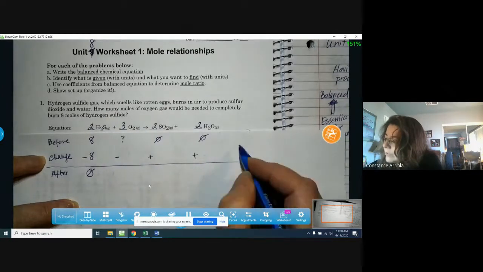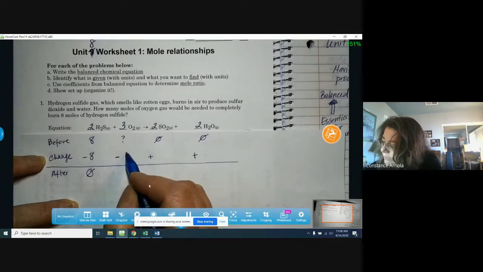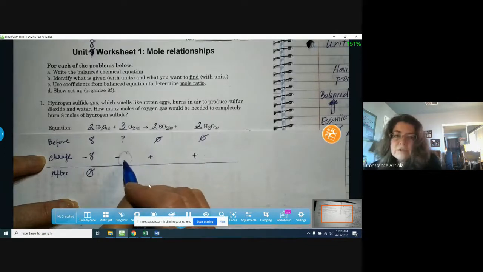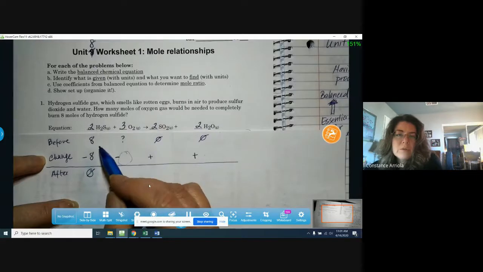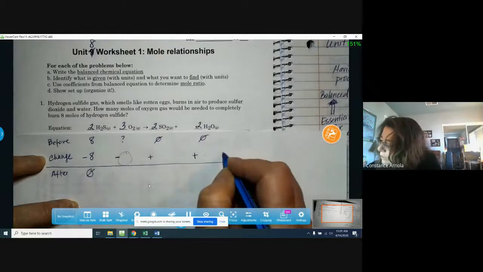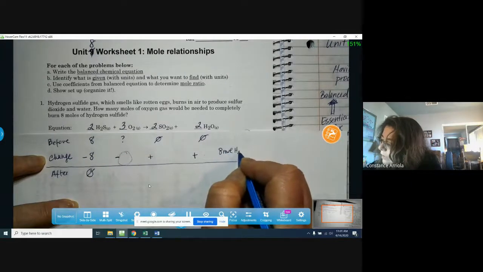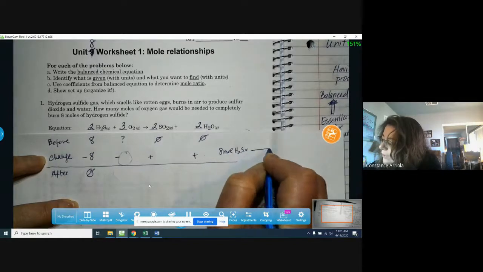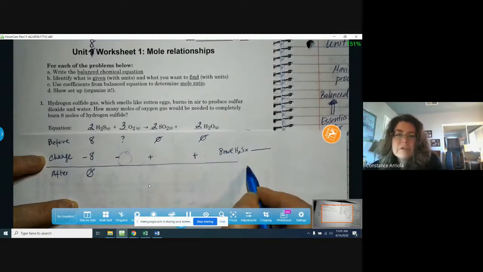So in those calculations, let's try to find this. We're going to start with what we have. We know we have 8 moles of H2S. So we're going to write 8 moles H2S, and then we're going to multiply it by a fraction. That's going to help us get the answer.